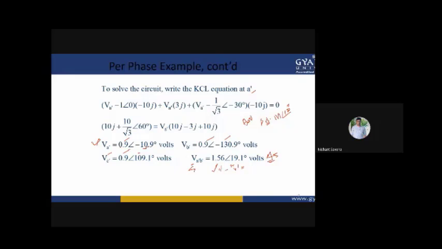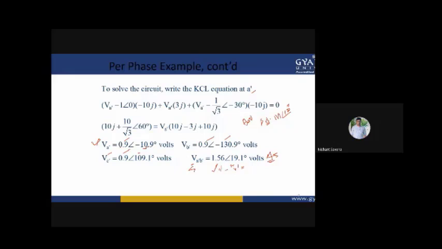Then we have to find the per phase or single phase equivalent circuit, for phase A, phase B, or phase C. But for simplicity of understanding, we have taken phase A only, so that you are able to understand the concept. Then after calculating VA dash, the per phase voltage, we will be able to calculate the other phase values just by simply applying the concept of a balanced system.